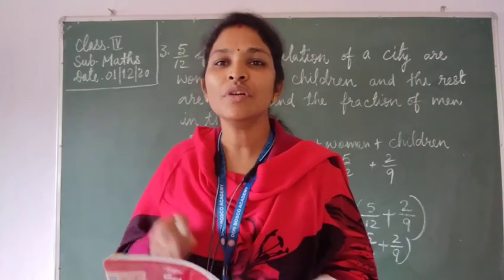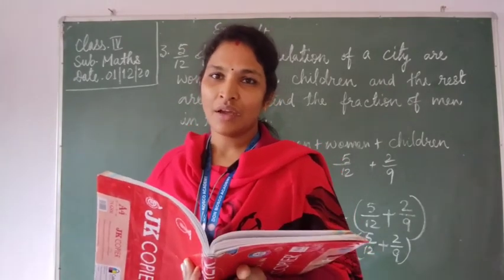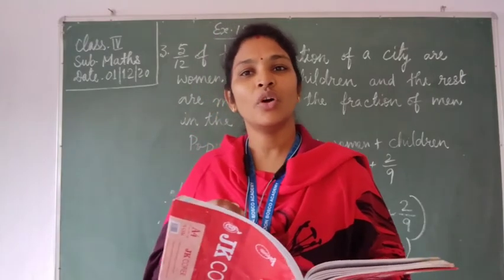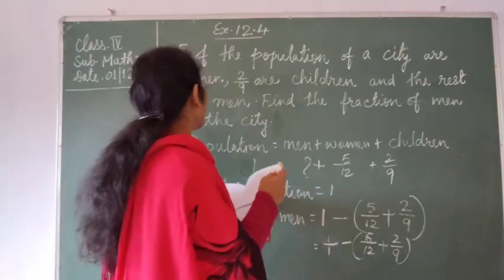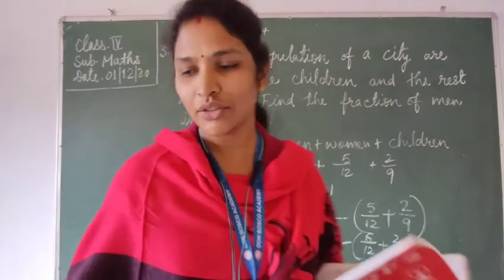For finding out the length of the thread left, the remaining portion, what do we have to do? We have to do subtraction. What should be subtracted from what? From the total length of the reel. What is the total length of the reel?